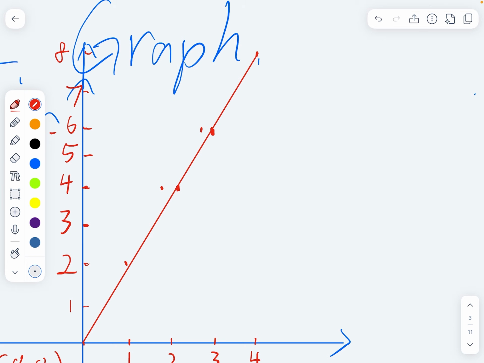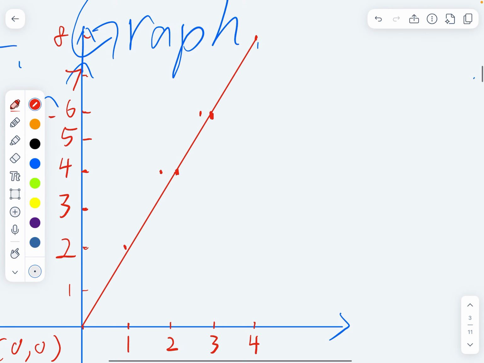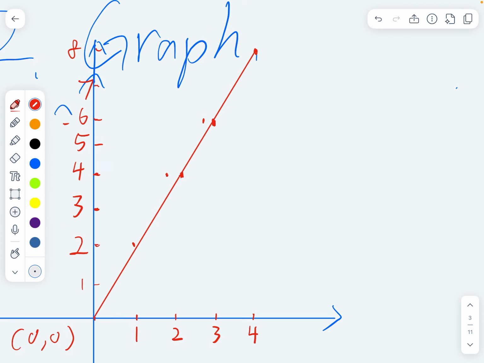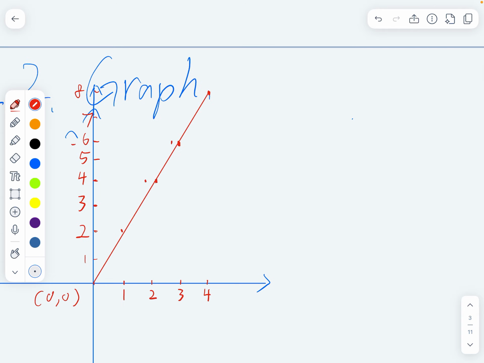That is not a big deal for this type of graph. So finally, we can find the linear equation of the graph. So that will be linear, a linear relation for x and y.